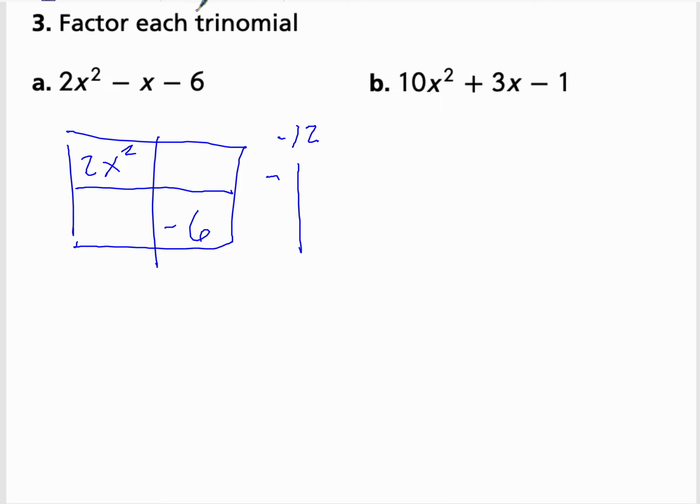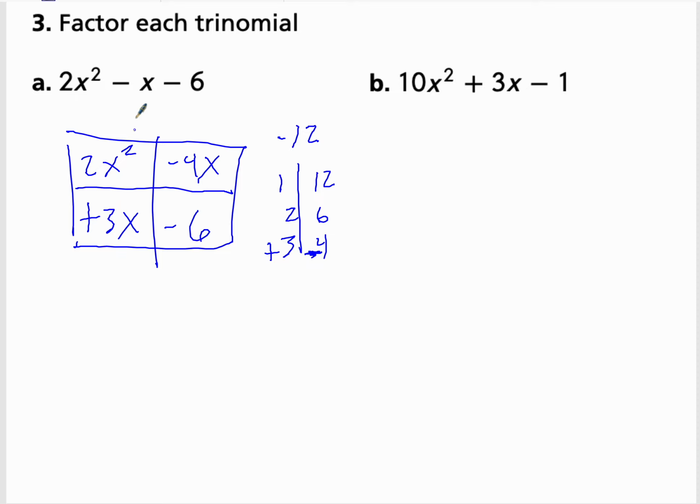And again, with the negative signs. 1 and 12, 2 and 6, 3 and 4. So if I have a negative 4 and a positive 3, that would give me a negative 1. Negative 4 and a positive 3. So negative 4x and a positive 3x.